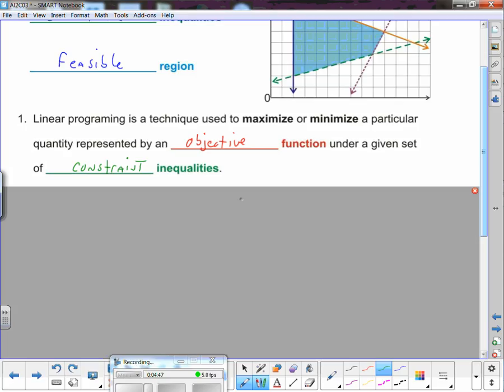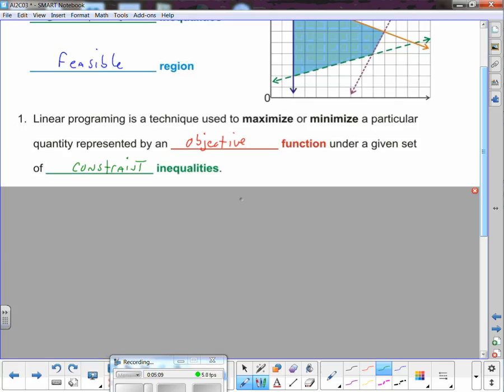So in real life, this is going to be a word problem. And from the word problem, you're going to have to then make up your constraint inequalities. You're usually given the objective function. Again, if you were a mathematician, you would go ahead and do it.